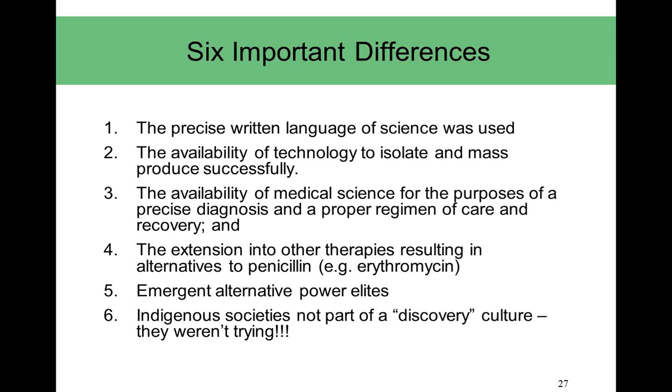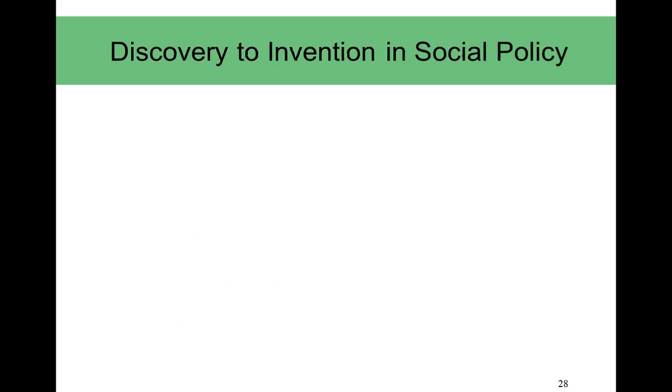And this is something that happened in the 1850s in the U.S. and in England: the emergence of patents. People would come along and try to patent, articulate in a very precise way, and put it into a patent, and then somebody could own it and reproduce it. So it became an item of property, and that's part of, again, the earlier one, number 5, the emergent power elite. So the indigenous societies were not trying in that sense.